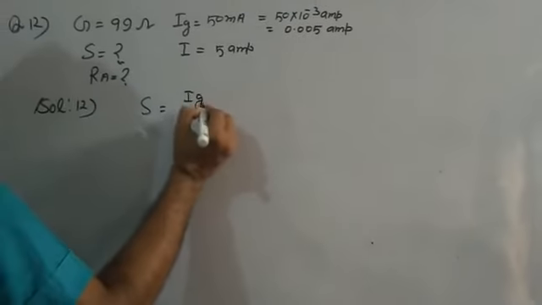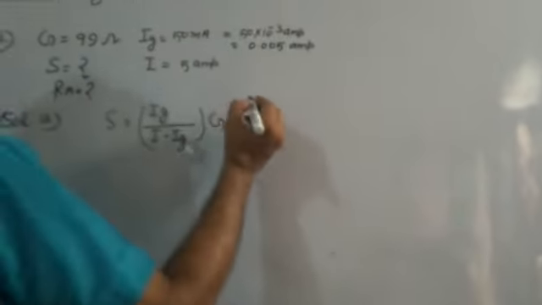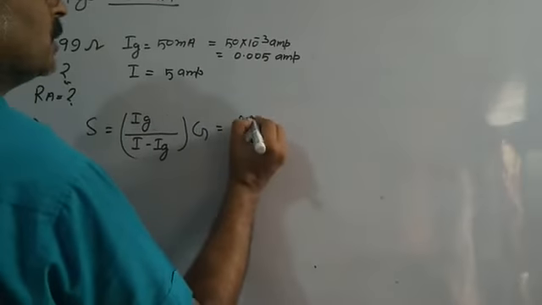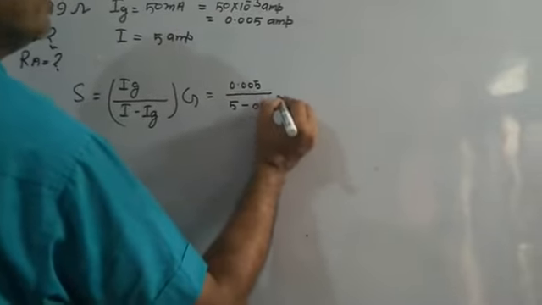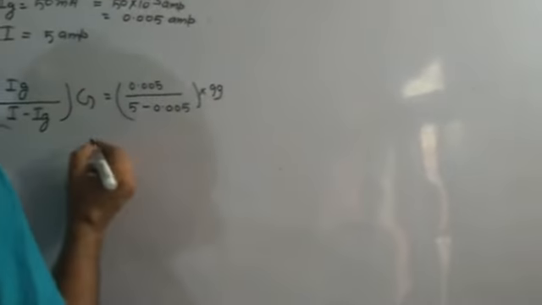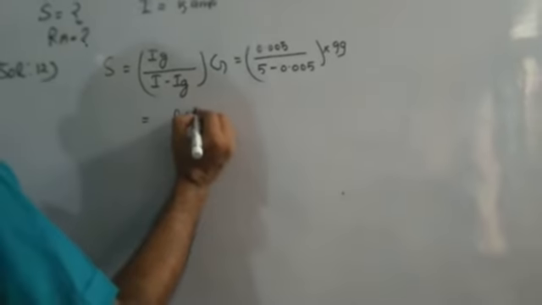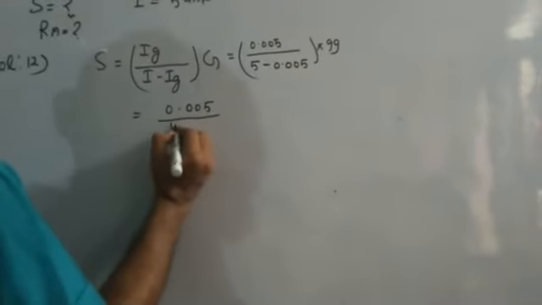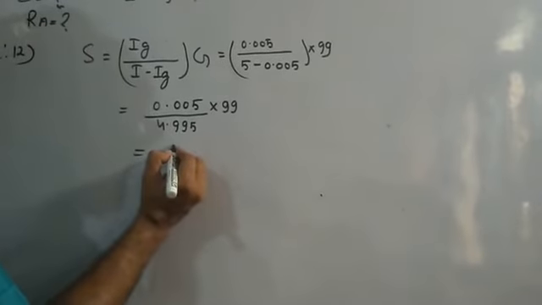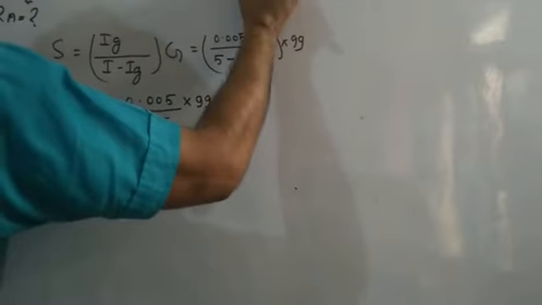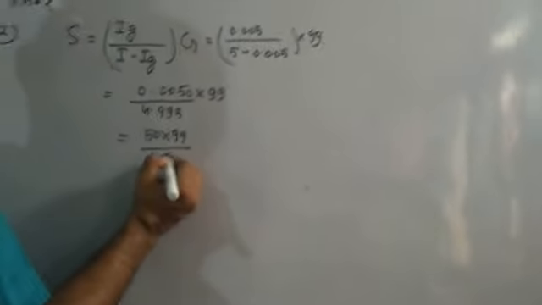From the formula, S equals Ig upon I minus Ig into G. Putting the values, S equals 0.005 upon 5 minus 0.005 into 99, which is 0.005 upon 4.995 into 99, or 50 into 99 upon 4995.